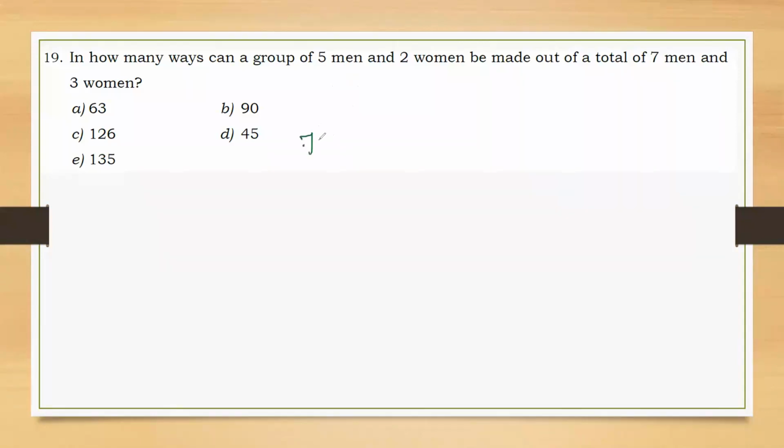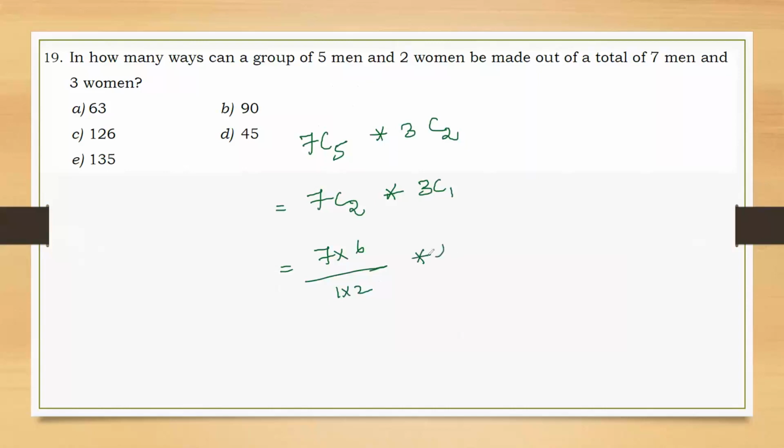We need to select 5 men: 7C5, and 3C2. 7C5 is equivalent to 7C2, and 3C2 is equivalent to 3C1. From 7, 2 numbers, we will get 21. 21 into 3, 63. Good. Most of them got the right answer. Yes, Charan.